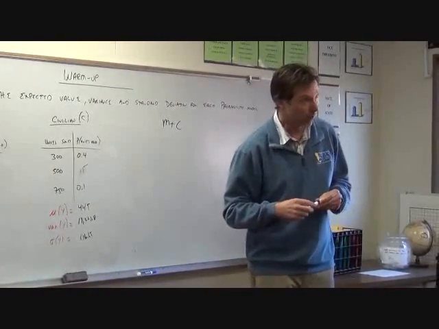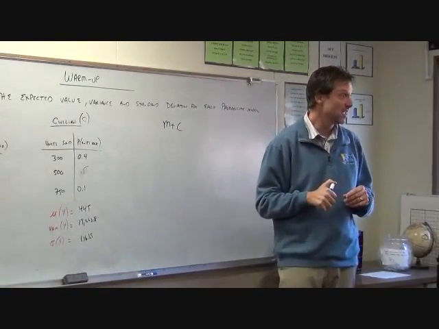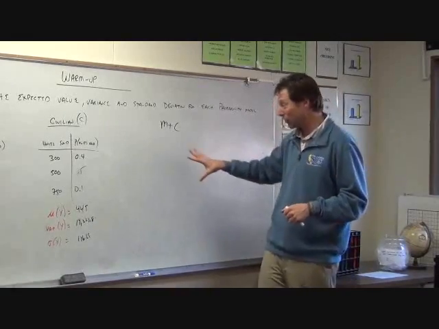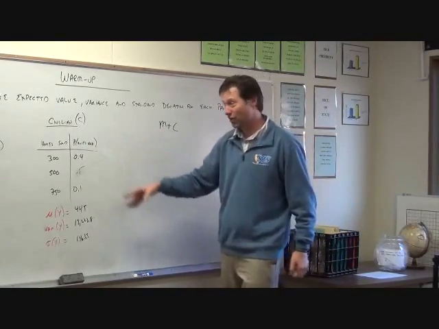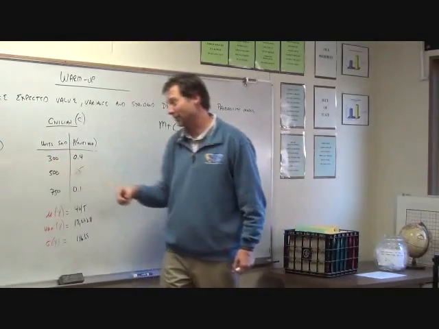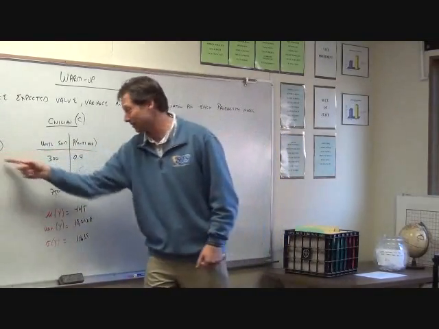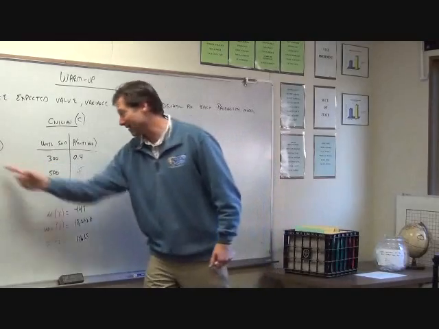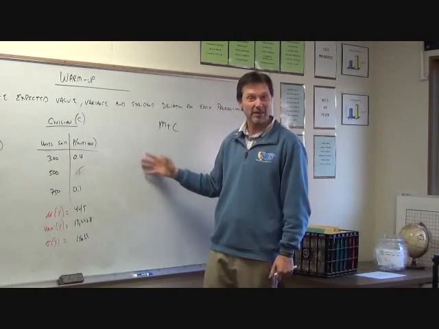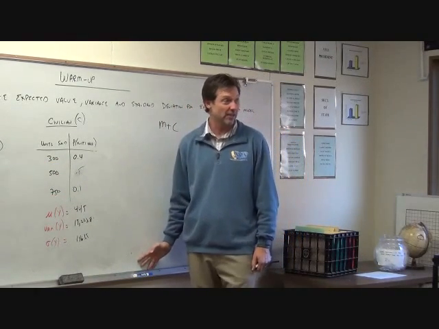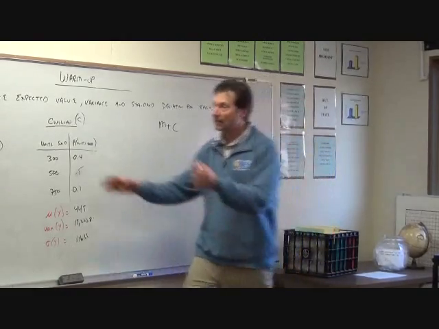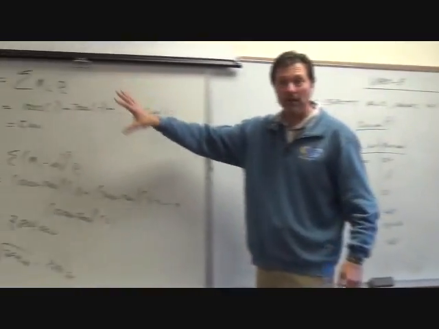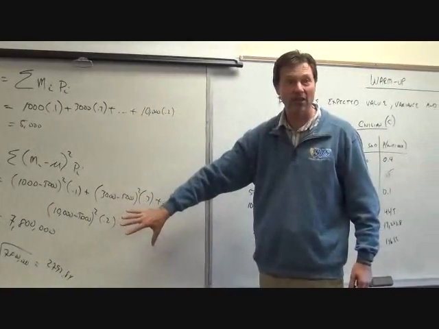Now, we could do what we did on 44C, what most of you did. I could create a third distribution chart. In that distribution chart, I would have 1,000 plus 300, I'd have 1,300. I'd have 1,000 plus 500, I'd have 1,500. I'd have 1,000 plus 750, I'd have 1,750. I'd have all those different possibilities that could happen, and I'd have the probabilities of each of them. I could then go through this process to find the mean and the variance and the standard deviation.